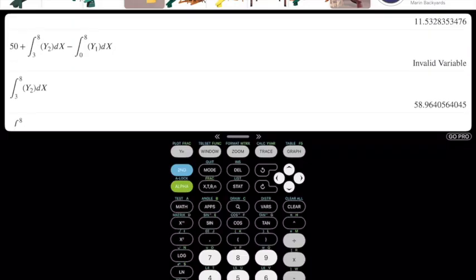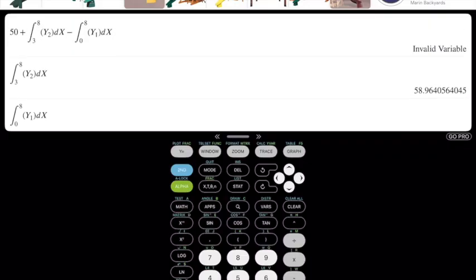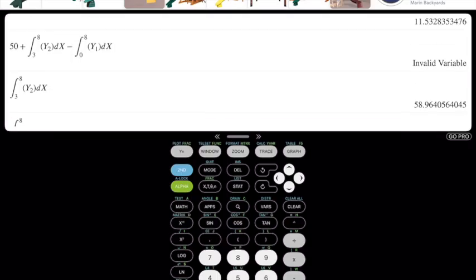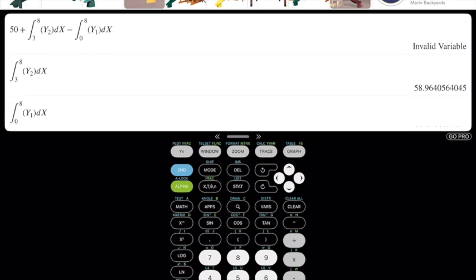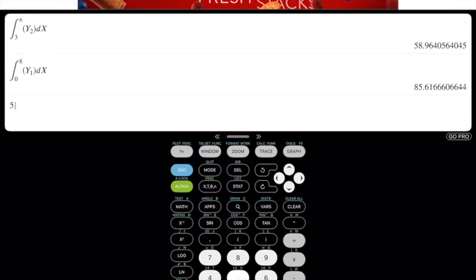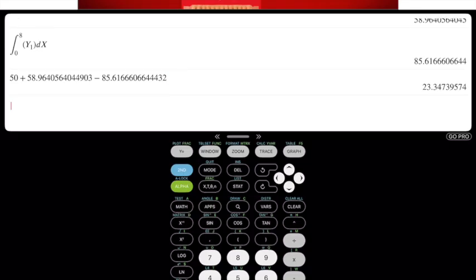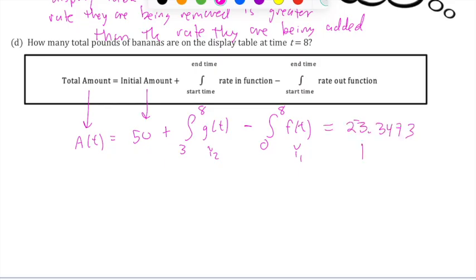I guess you cannot put the integral in as one expression, but we have each part calculated, so it's going to be 50 plus this 58 minus the 86. There we go. We had to do each of them separately. So we get 23.34739. And again, that's pounds of bananas.